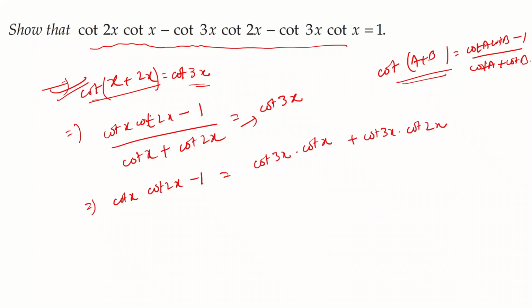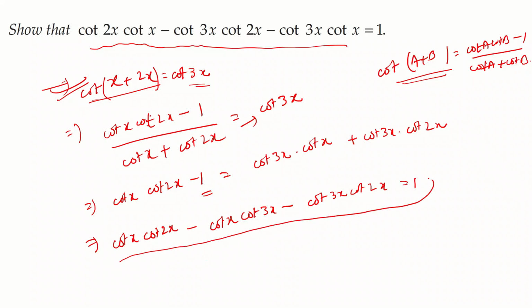And then you just take this 1 to the other side and take everything on this side. So cot x cot 2x minus cot x cot 3x minus cot 3x cot 2x is equal to 1, and this is what we were required to prove.